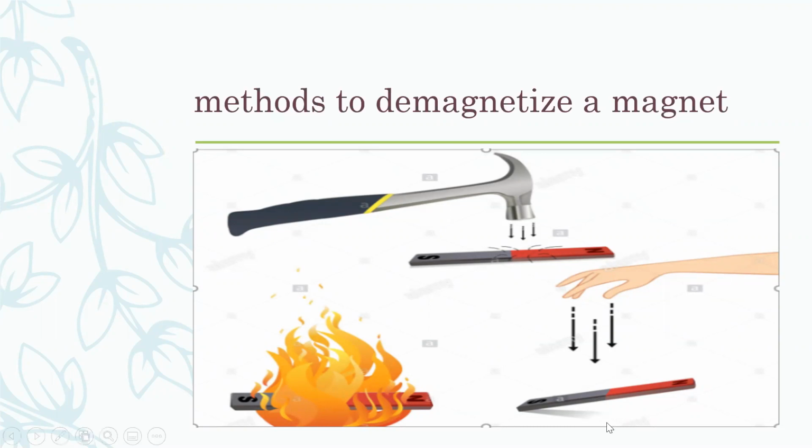Or if you drop it repeatedly on a hard floor, then it will become demagnetized. And the third way is to heat it and suddenly cool it. The magnet will lose its magnetic property and it will become demagnetized.